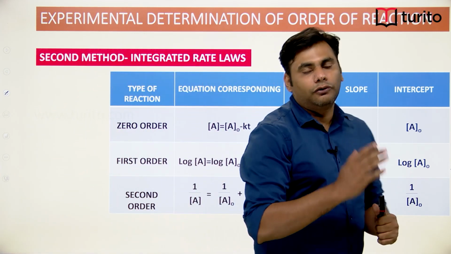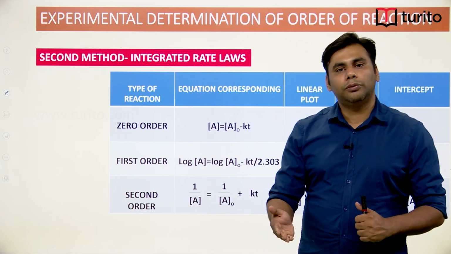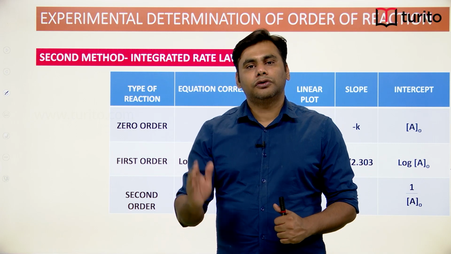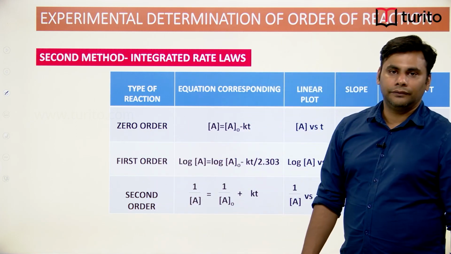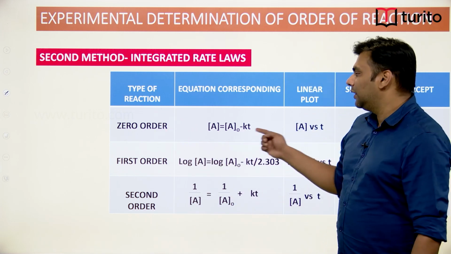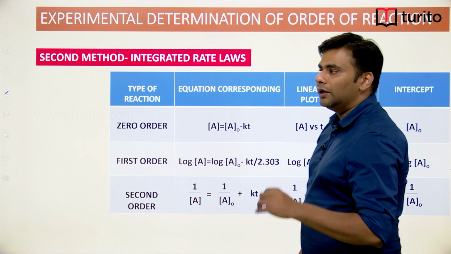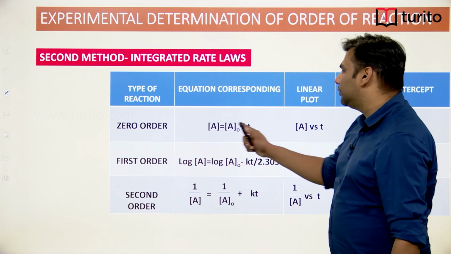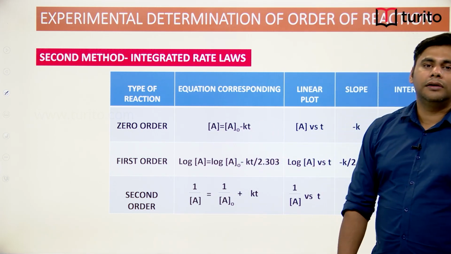The data would be given to you at different time intervals, okay, the concentration would be given at different time intervals. So we are going to use any one of those equations. Suppose we use the integrated rate law equation for a zero order reaction. For different times the different concentration of A would be given to us, so we'll calculate K at all different times.